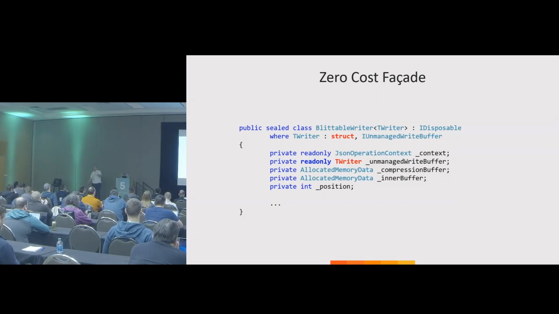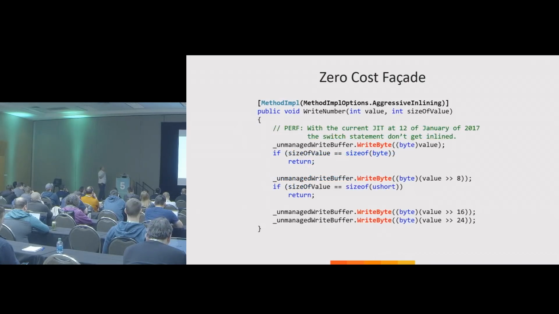So now, every time that I have a reference for this kind of class, what I have is an actual reference to an actual implementation that is implemented up to spec. This is an example. We use write number. Write number is different for each one of the implementations. And it's a very, very highly costly operation if you call it. Now, because we are using aggressive inlining and all that, the just-in-time compiler actually gets a huge method when I do the writes and optimizes the layout of the code based on that.